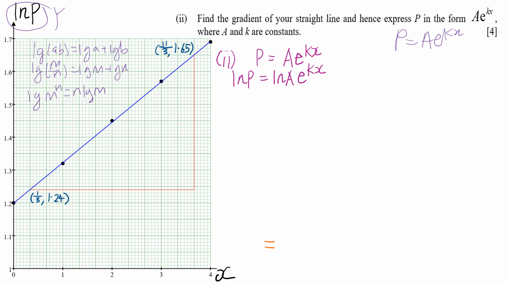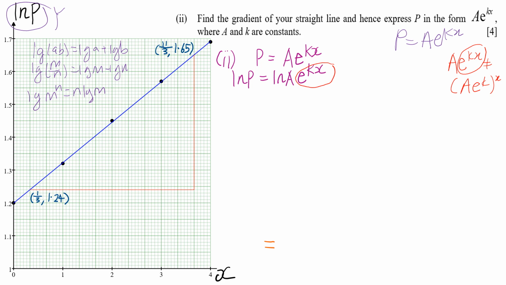Take note, one very common mistake students make: the x belongs to the e only. a e^(kx) is not the same as (a e^k) to the power x. The kx only belongs to e, and does not belong to a at all.